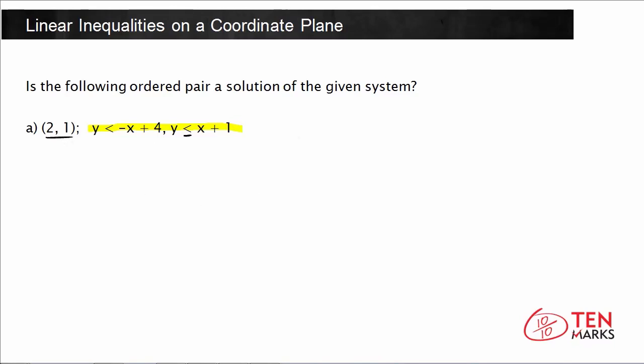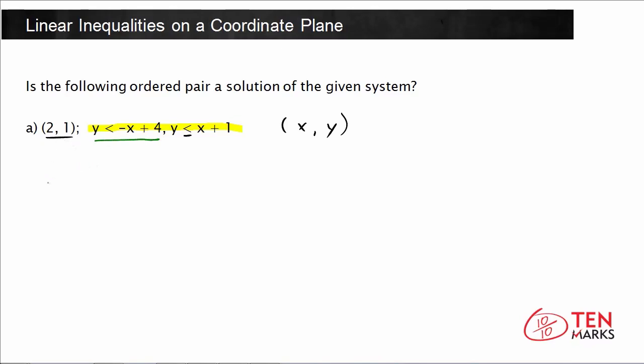Now if we want to check whether or not this ordered pair is a solution to the system, we would substitute 2, 1 for x and y in both inequalities, right? Because the ordered pair is given as x, y. So let's do the first inequality in green.